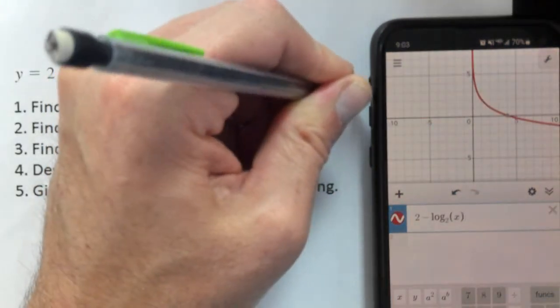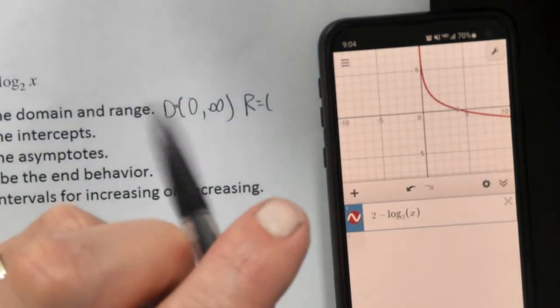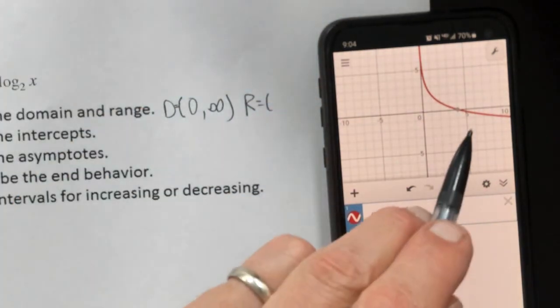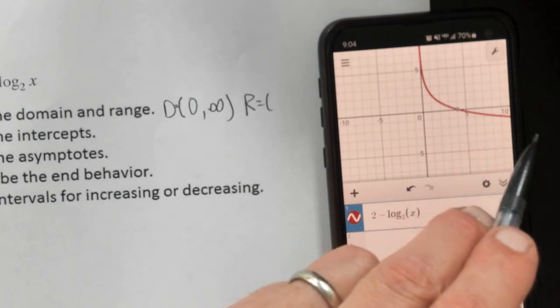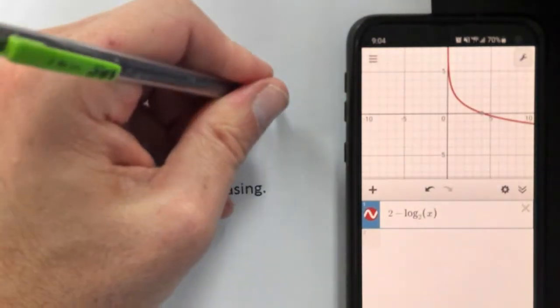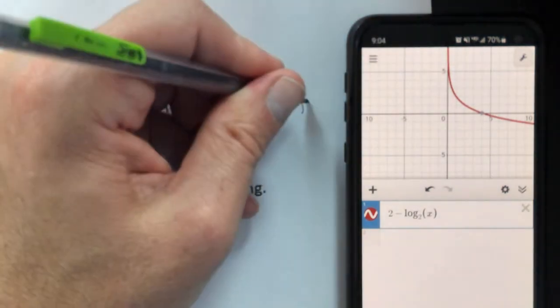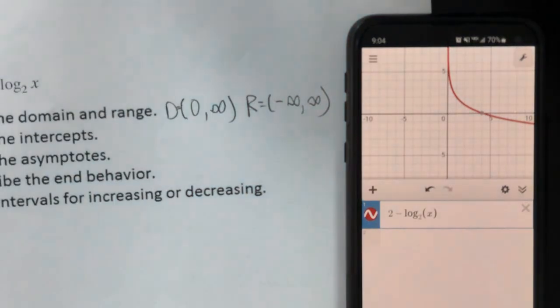Checking the range now. Remember there's no lower bound because it continues on. If you wanted to use the table to verify that, you could. So my range is going to be from negative infinity and, of course, increases without bound to positive infinity. There's my range.